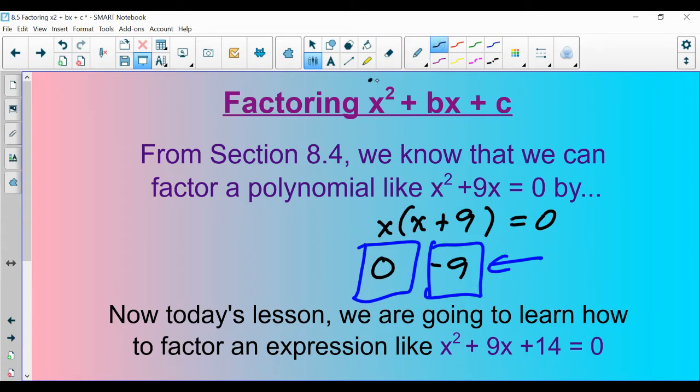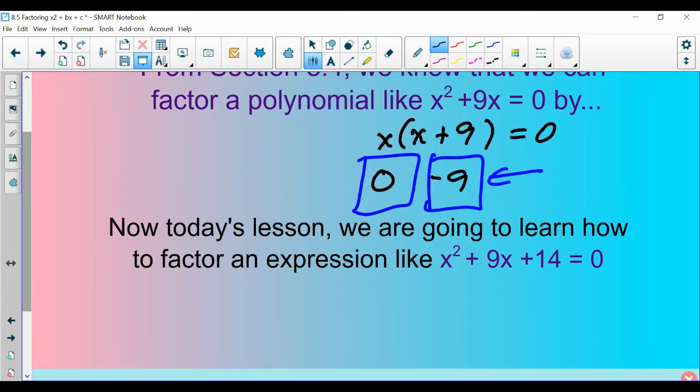But in today's lesson, we're going to be factoring things where it's x squared, like we had, and then a bx, like we had, but there's also going to be a plus c at the end. And 0 is no longer going to be a solution, and the process is going to be a little bit more involved. Let's take a look at an example of what we're going to be solving. Do you see the difference?